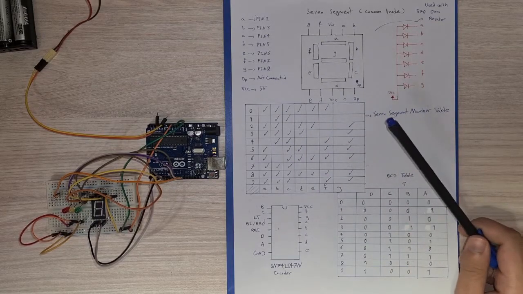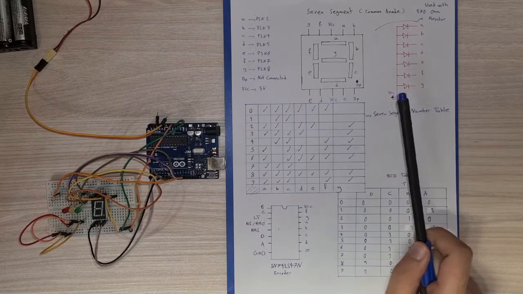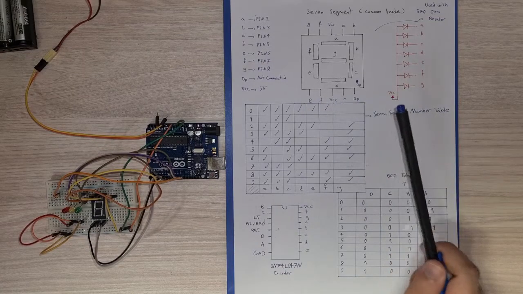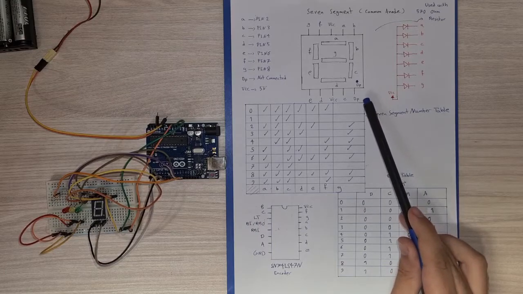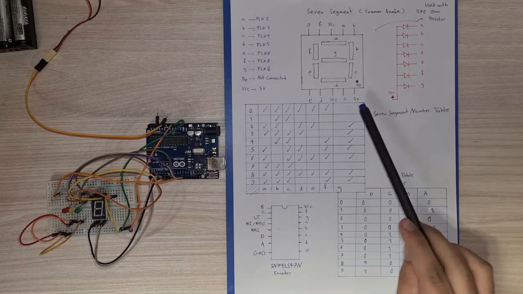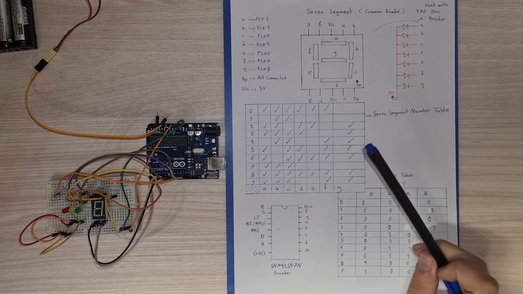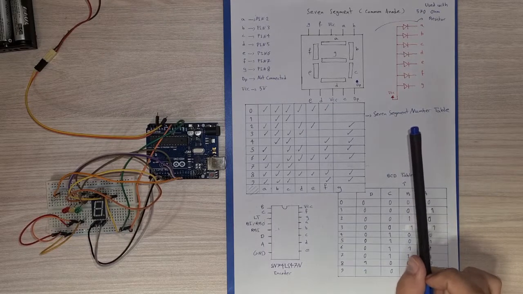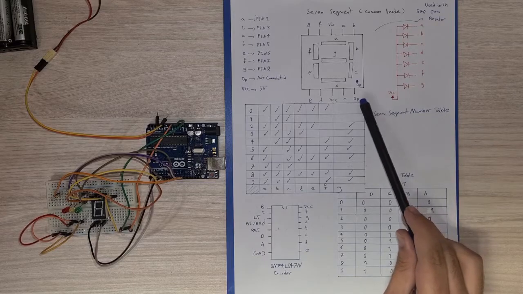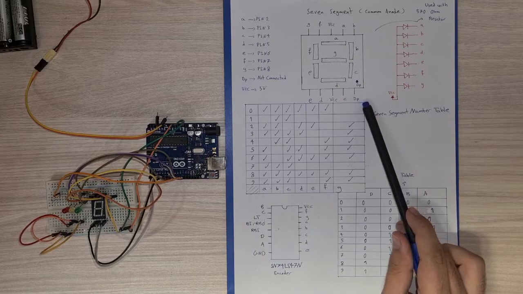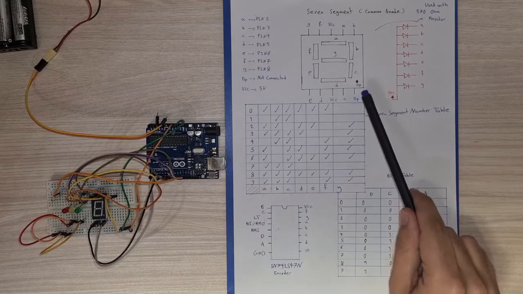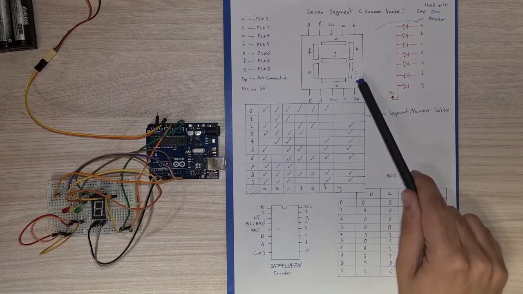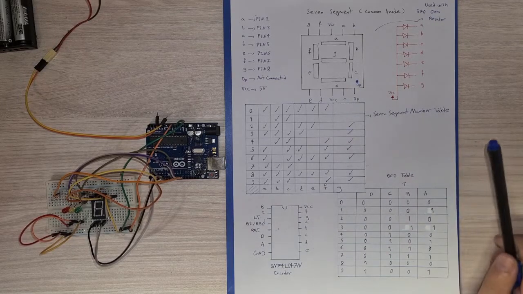And there's another pin which is the decimal point. We don't need that here because it's used for showing multiple 7 segments when near together. So we don't use the decimal point here, and we don't connect the decimal point pin to the Arduino.